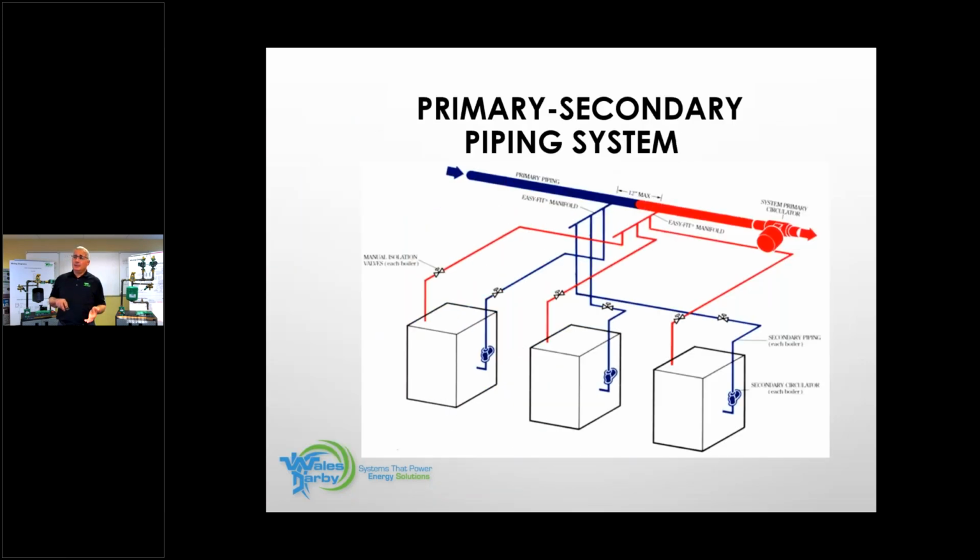As you're looking at this picture here, we have multiple boiler systems. So this is probably going to be on a commercial job. Maybe we've replaced one large boiler and we have multiple boilers there. And you can see that we have our primary loop here, and we've got our circulator for it. And this is sized for all the BTUs, all the GPM on the job. Each boiler down here has got its own little circulator that is just guaranteeing the flow through that boiler.